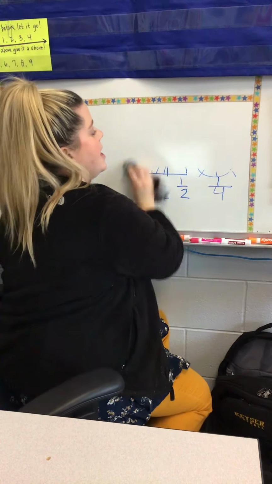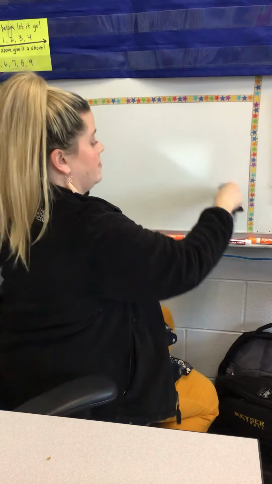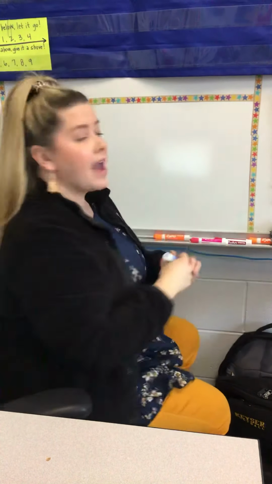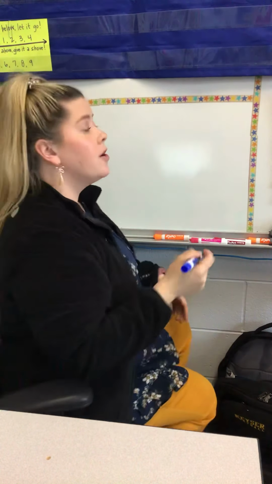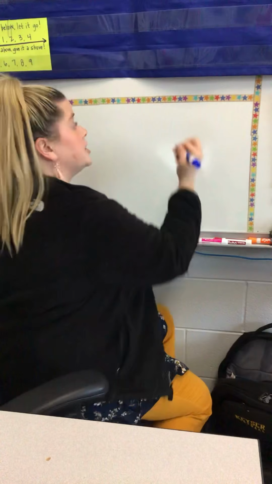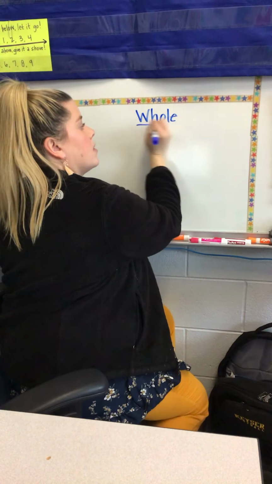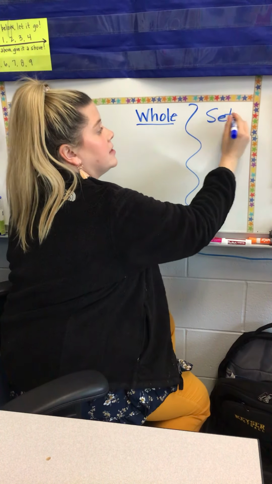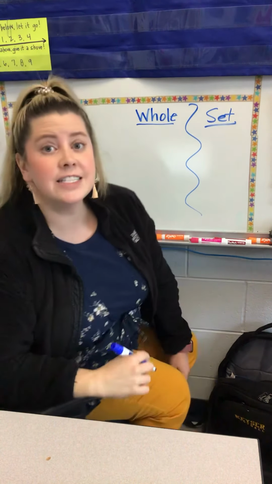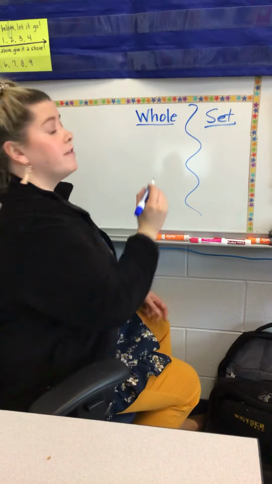All right, now let's talk about one more thing. I want to talk about identifying fractions. So remember, we have fractions as part of a whole, and then we have fractions as part of a set. So let's look at an example of each one of those, okay? Fraction as part of a whole.